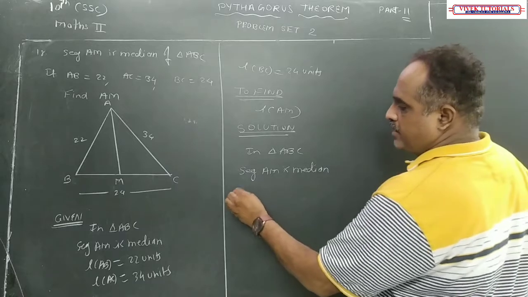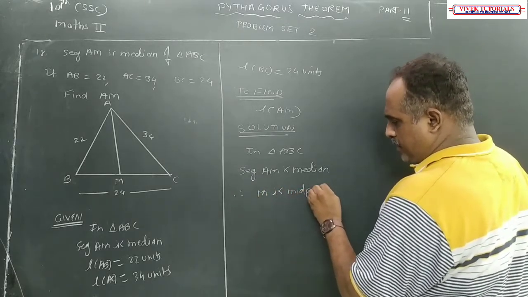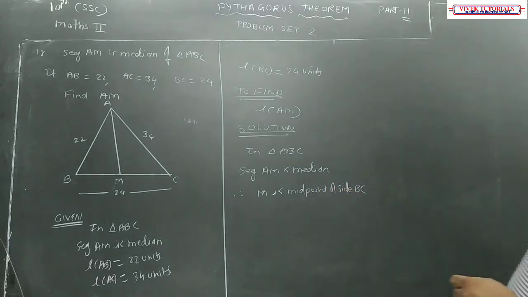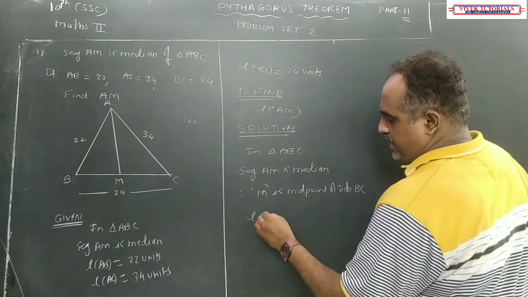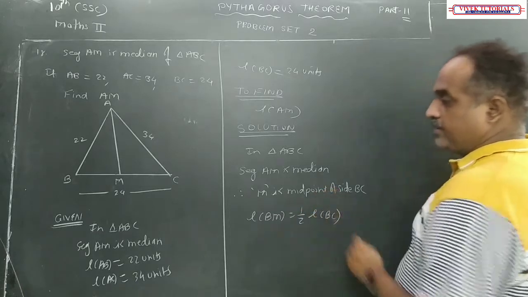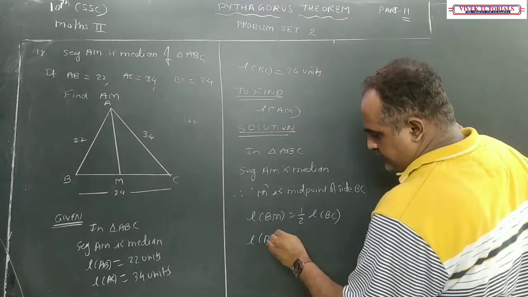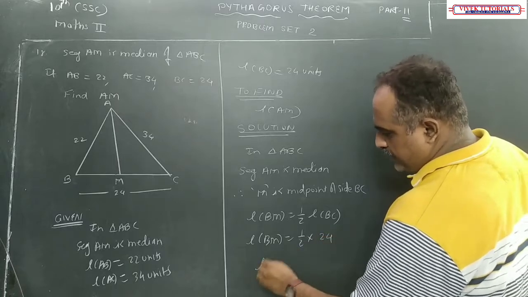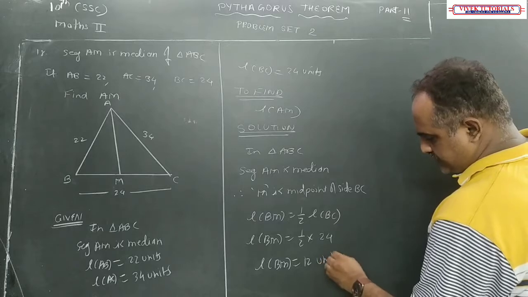Therefore, M is the midpoint of side BC. Therefore, length BM is equal to half of length BC. So, BM is equal to half into 24. So length BM is equal to 12 units.